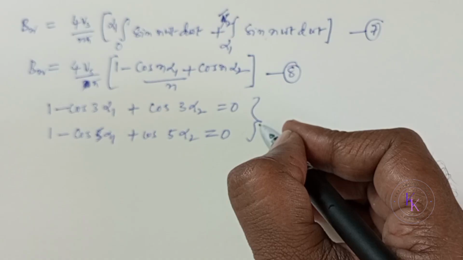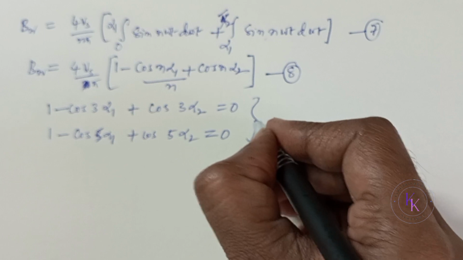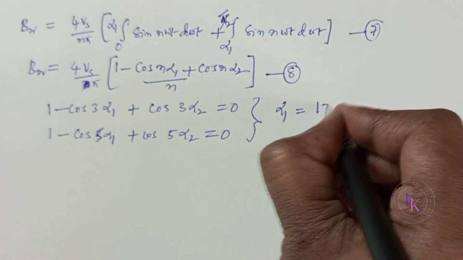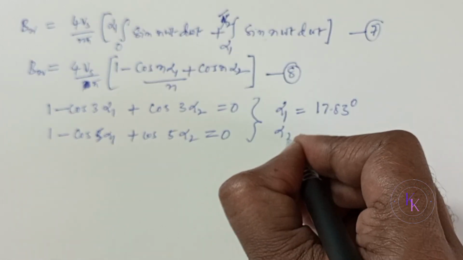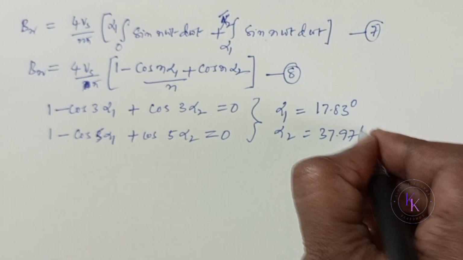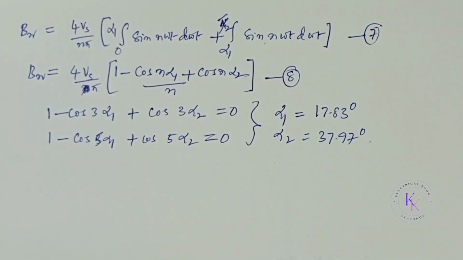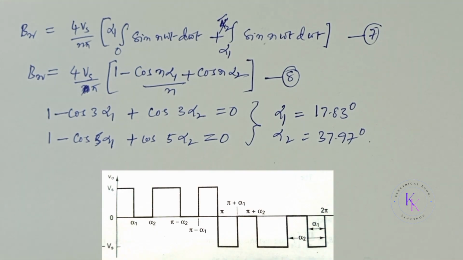By solving these by iterations, we get alpha 1 equals 17.83 degrees and alpha 2 equals 37.97 degrees. So by introducing unipolar notches, one at alpha 1 equals 17.83 and another at alpha 2 equals 37.97 degrees, we can eliminate the third and fifth harmonics in the output voltage.